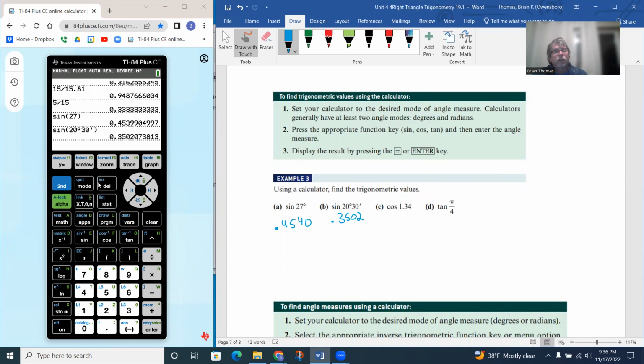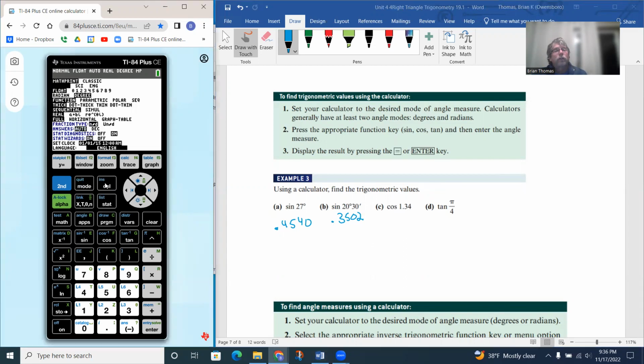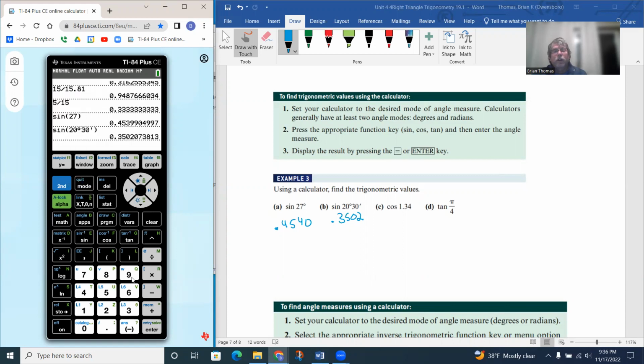So if I change my mode here to radians and then quit, if I do now cosine of 1.34, that should be in radians now. That'll give me 0.22878.